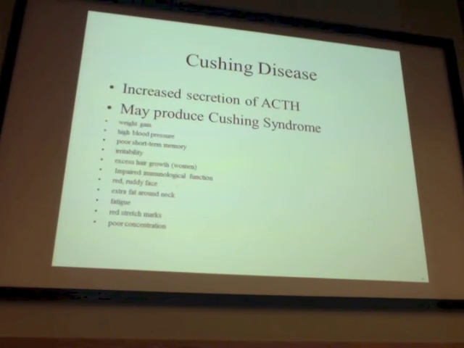Because one of the other things that can happen is you can get a tumor in your adrenal gland. So just like taking too much prednisone, if you have a tumor in your adrenal gland that secretes glucocorticoids, you can get Cushing syndrome. But when you do a blood test for a secreting tumor in the adrenal gland, you find what? The ACTH level is what? This is not Cushing's disease.